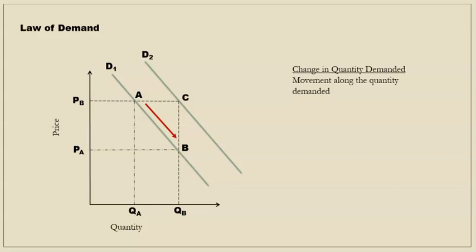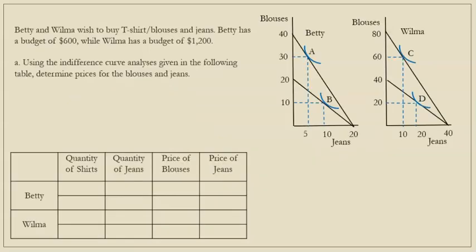So let's put this knowledge into action. So let's try this problem. Betty and Wilma wish to buy t-shirts and jeans. Betty has a budget of $600 while Wilma has a budget of $1,200. So this is a multi-part problem. In part A, using the indifference curve analysis, given the following table, determine the prices for the blouses and jeans.